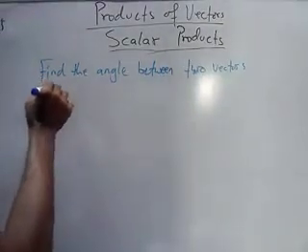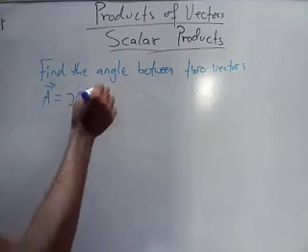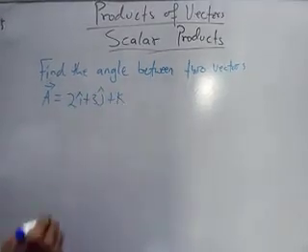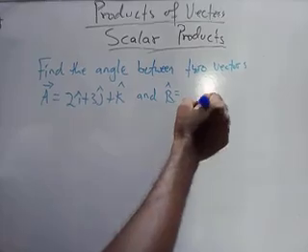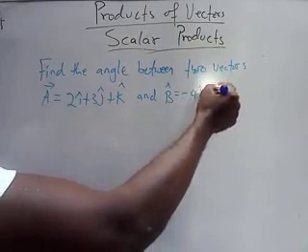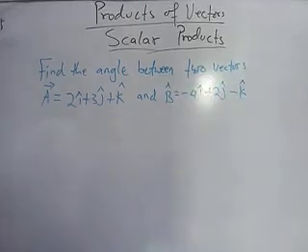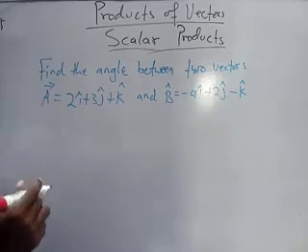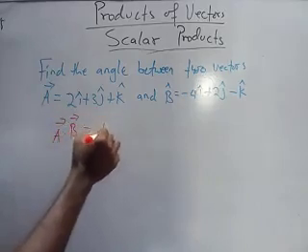Vector A is given, and vector B. How did the angle come in here? Before now, I've said that this is the same thing as what?